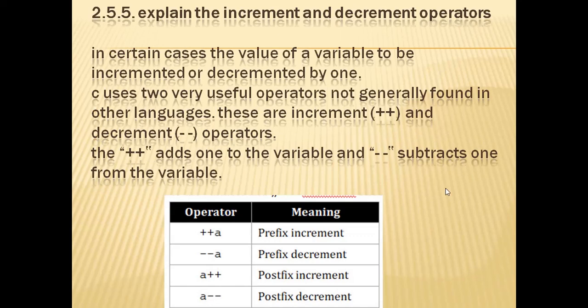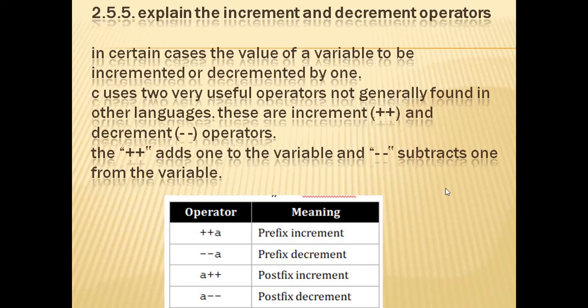Okay, let us discuss the increment and decrement operators. In certain cases the value of a variable is to be incremented or decremented by 1. In some cases the programmer wants to increase the value of the variable by 1, or decrement it by 1. In such cases we use increment and decrement operators.